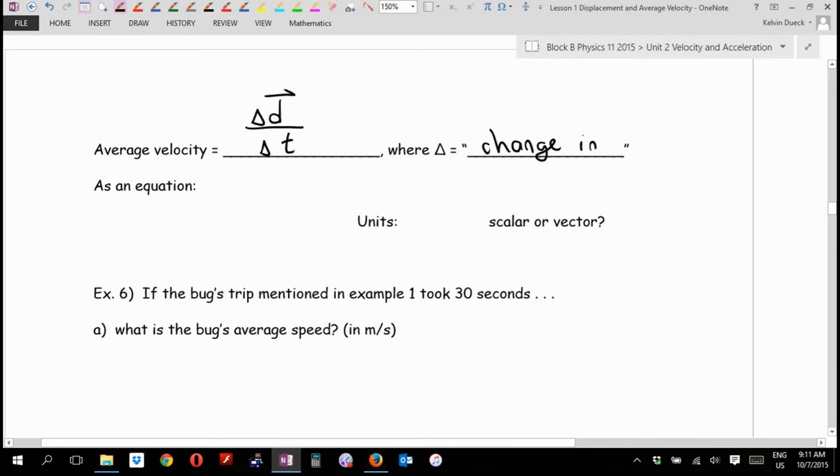And so as an equation, if I want to find the average velocity, that's going to be VAV with a vector bar. Except look up, I'm going to chuck the deltas because I think that's how I wrote it on your formula sheet.